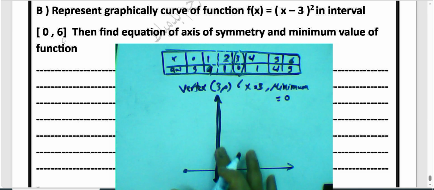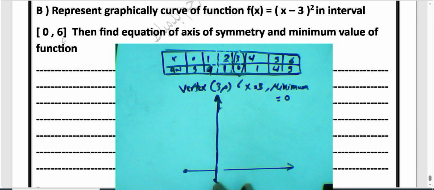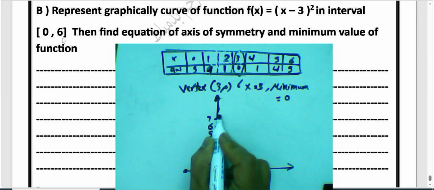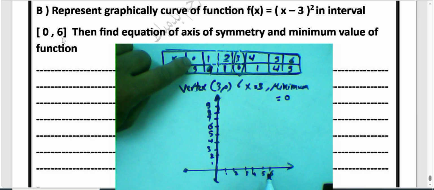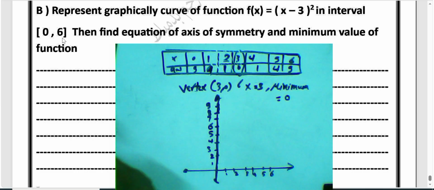We have 1, 2, 3, 4, 5, 6, 7, 8, and 9, and 0, 1, 2, 3, 4, 5, and 6. The image of 0 is 9, okay, put the image here up, it's 9.